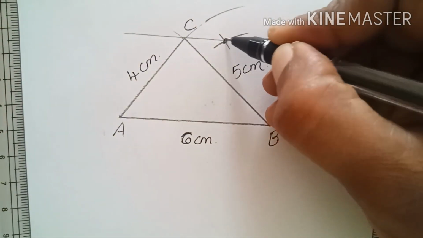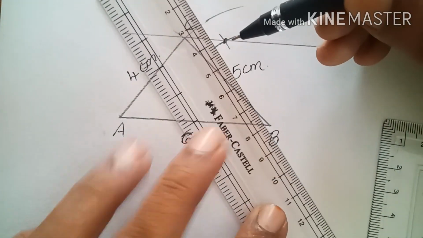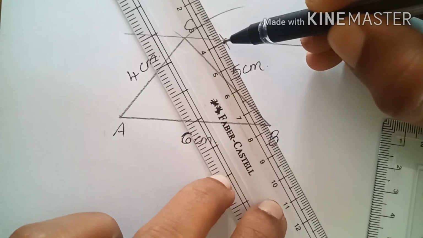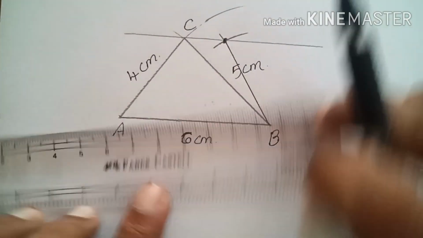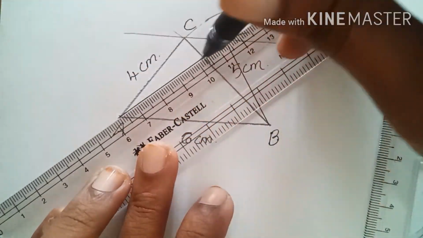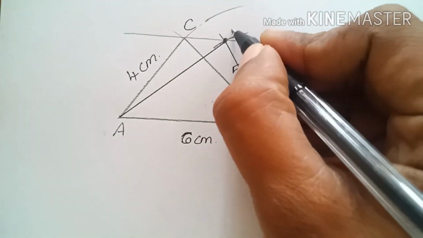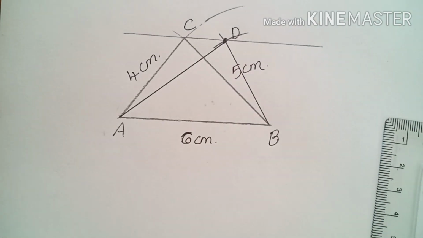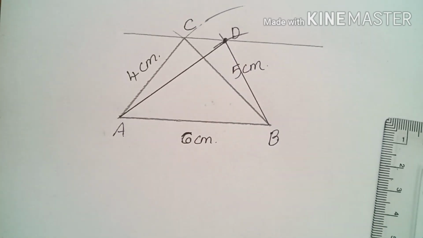Now join this point to B like this. So this is the next side. Then join to A also. So this is the third side. So this is the triangle. Now we can take that point as D. So triangle ABD is the triangle with the same area as that of triangle ABC.